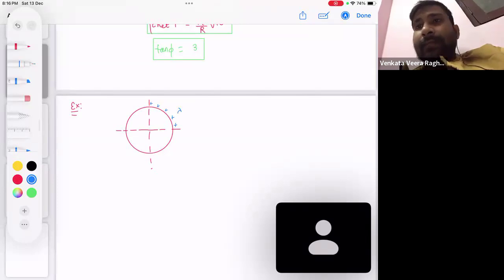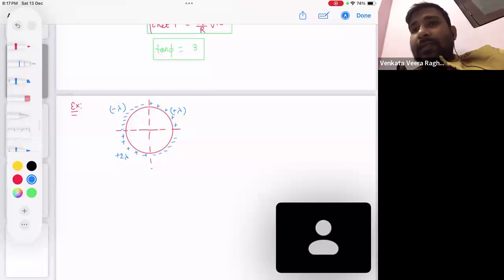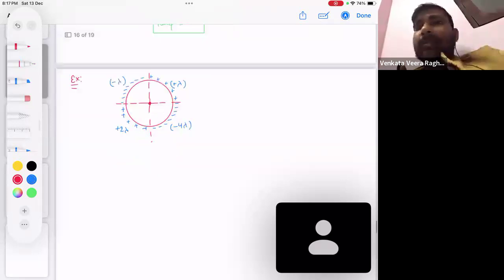Here the charge is minus lambda. Here the charge is plus 2 lambda. And here the charge is minus 4 lambda. Can we find the net field at the center?